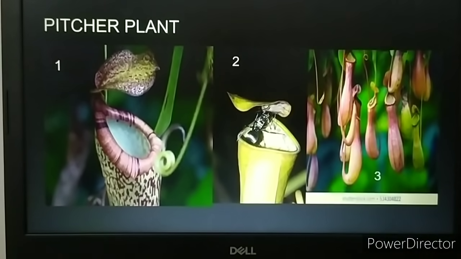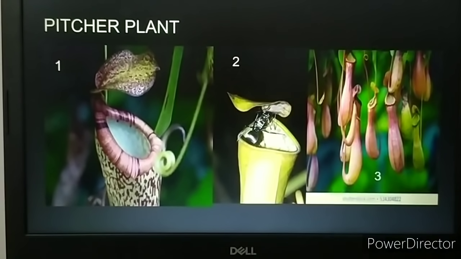As you can see in all three figures, it is a large container-like structure which has an opening at the tip and a lid-like structure on the top which helps in trapping the insects.